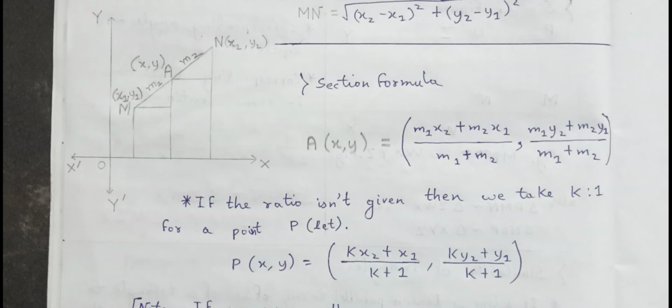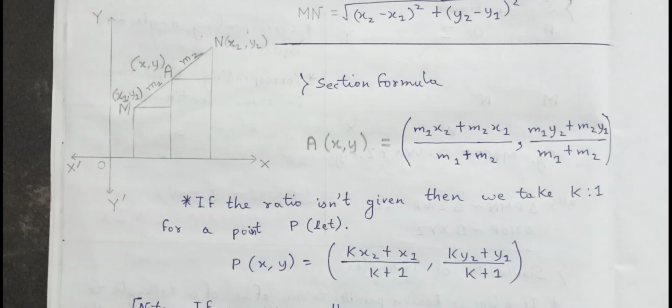Here you'll be wondering what m1 and m2 are. You can see the graph there. m1 and m2 are the line segments. The length of MA is m1, and the length of AN is m2 respectively. It means the distance.